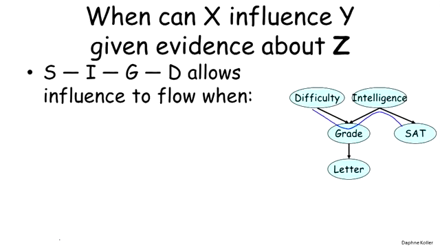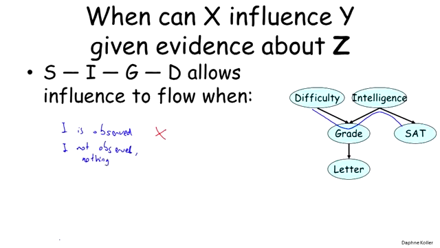What if I is observed? Well, if I is observed, then it blocks the trail. And if it blocks the trail, there's no more opportunity for it to flow. So that's a no. What about if I is not observed, and nor is anything else?